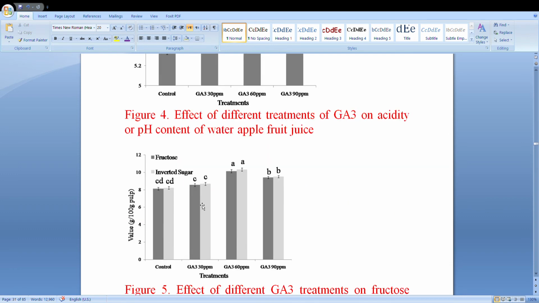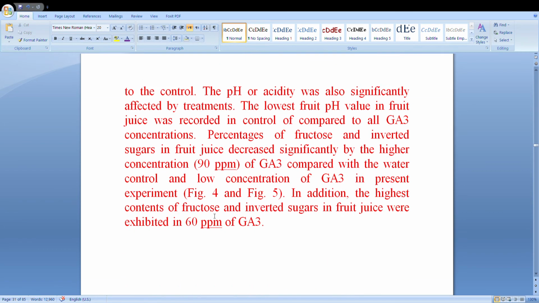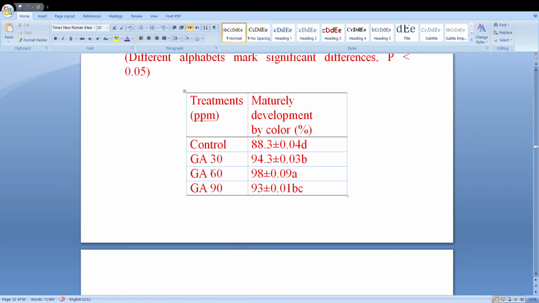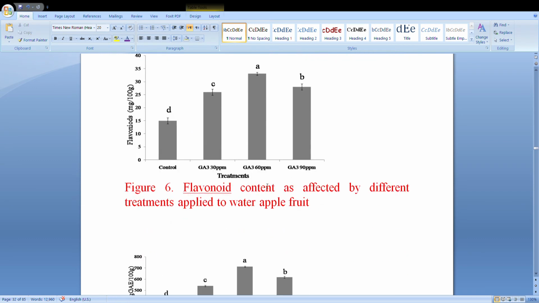Fructose and inverted sugar were also higher in different concentrations of GA3 than control. Here we can see maturity development and color, with GA3 60 giving the highest maturity content and more color in the outer fruits.